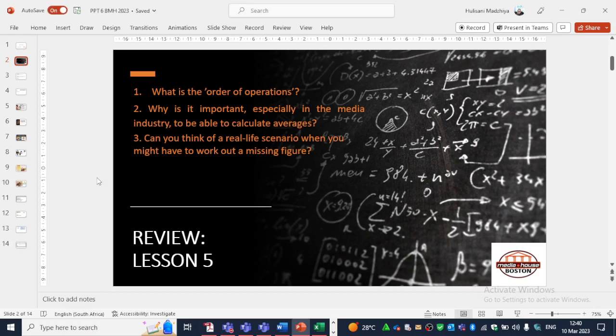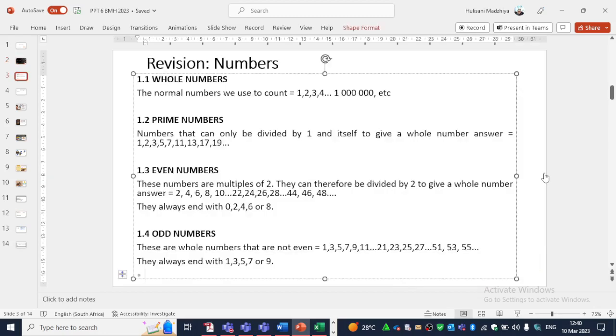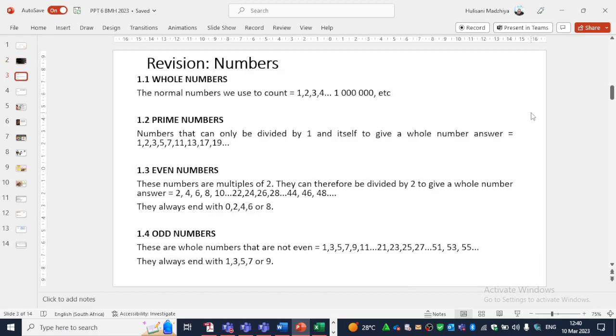So let's move forward with our lesson. Previously under lesson number 1, we did cover the revision of numbers where we have got whole numbers, where whole numbers start from 1 up to infinity. And whole numbers do not have negatives and do not go backwards in terms of having negatives, so they are only positive numbers.